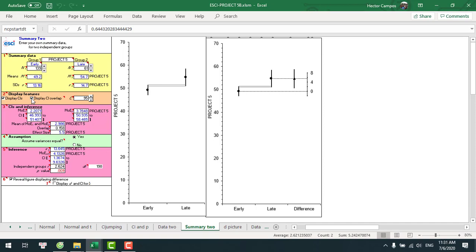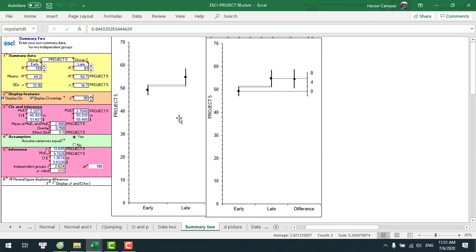When we compare this with what we had before, we had a lot of overlap. Here we have very little overlap. Now in this case, we can also see that the p-value is 0.009. P is low, H null must go. So in this case, it means that the two means here are not equivalent.